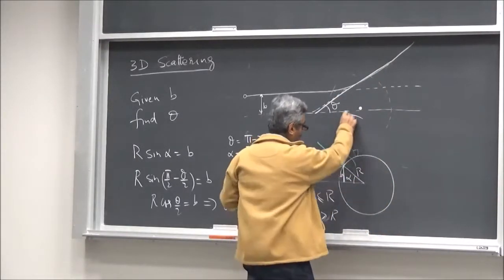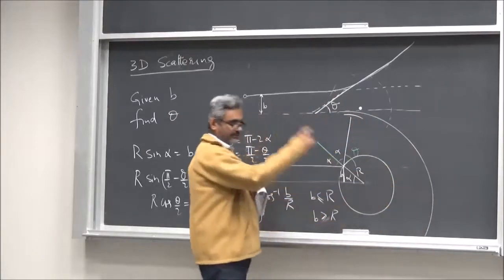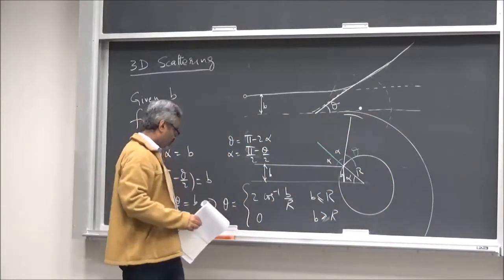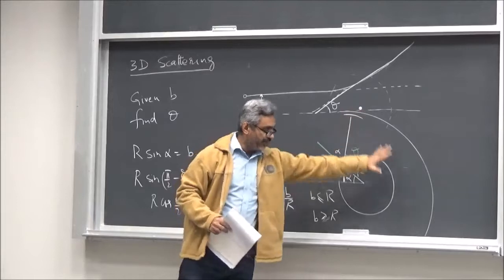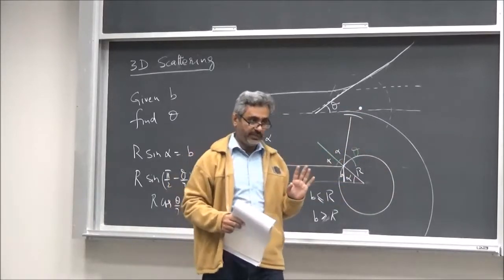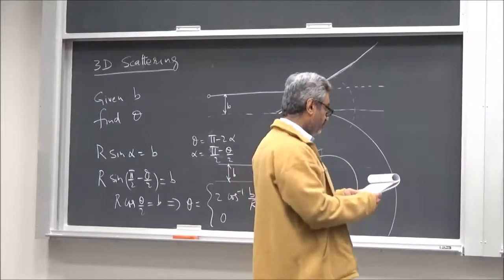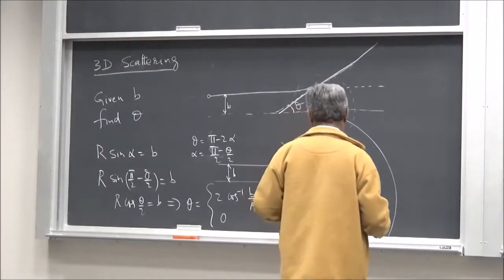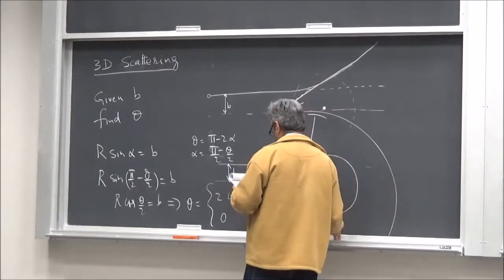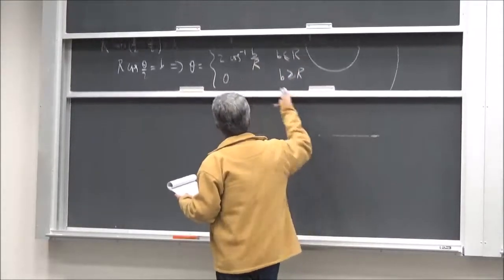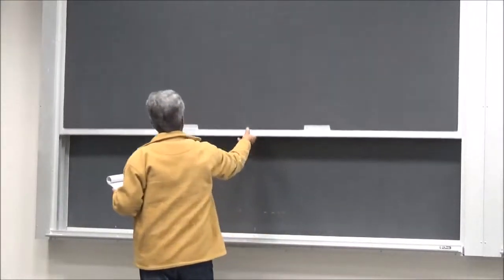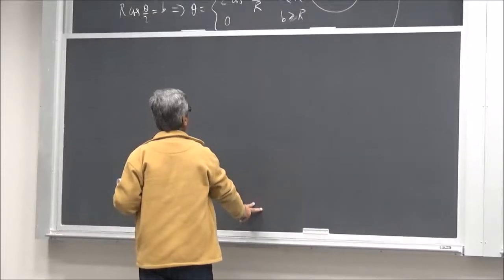So let's say you have a detector, and you throw a beam of particles, and then you measure where they come back. That picture will lead to something that we call the differential cross section.